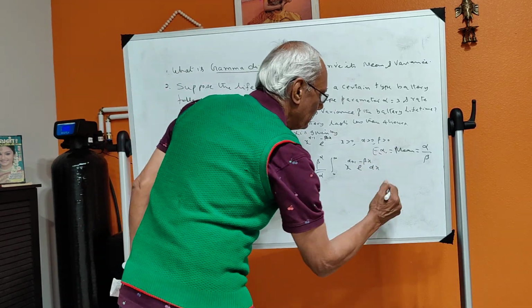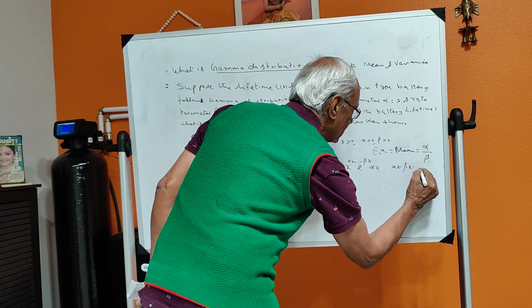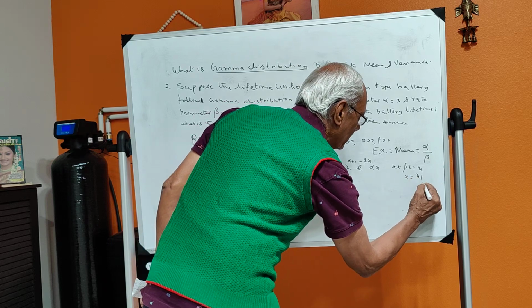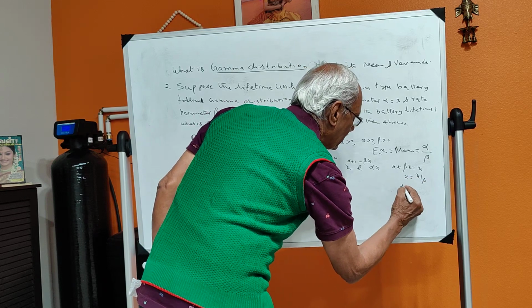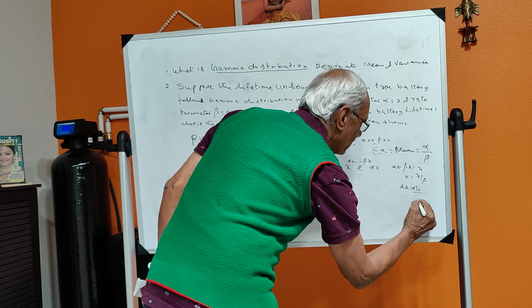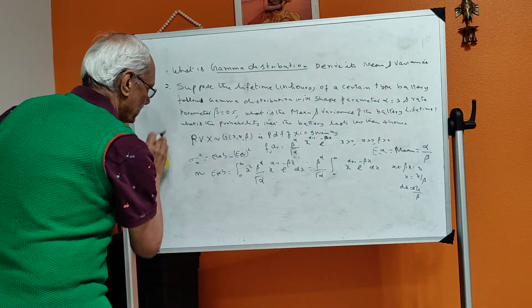If you apply the same results, let beta x be equal to u, so x is equal to u by beta, and dx is equal to du by beta. This limit will remain the same.